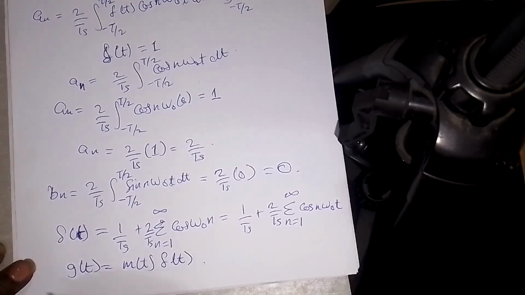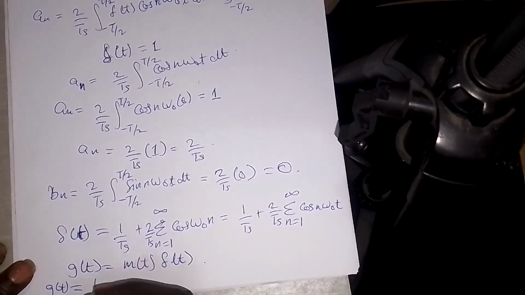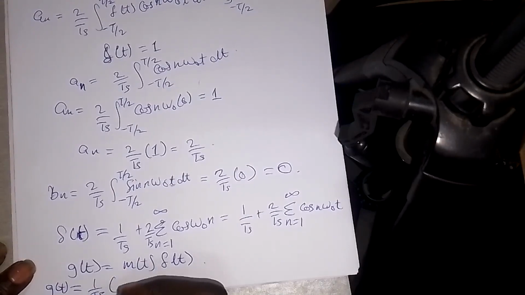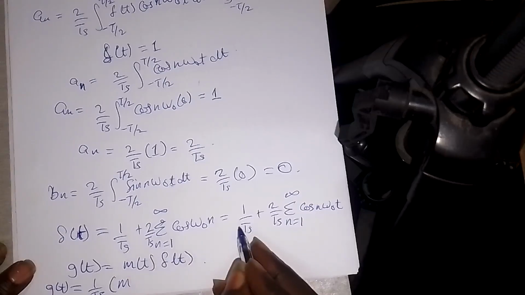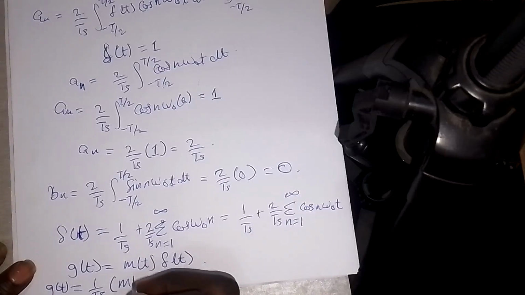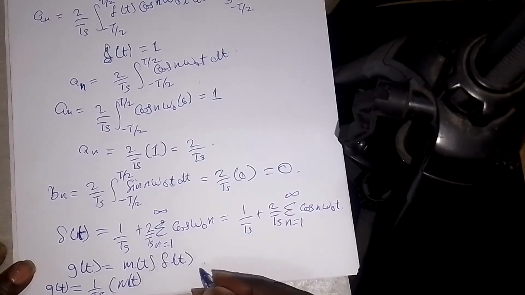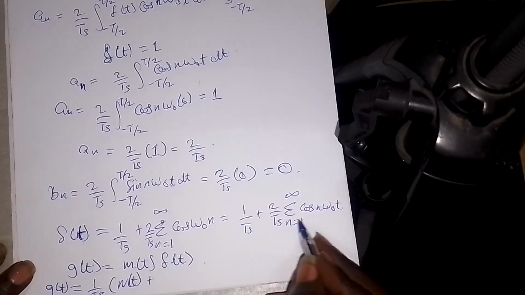Here you can see that g of t is equal to 1 over Ts, into m of t, I'm just taking the Ts out, plus what you have here.